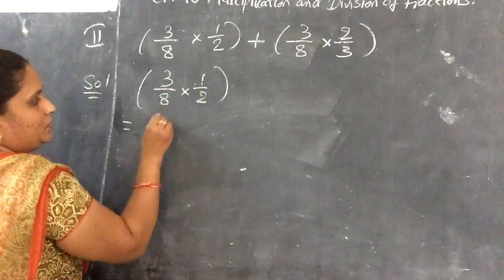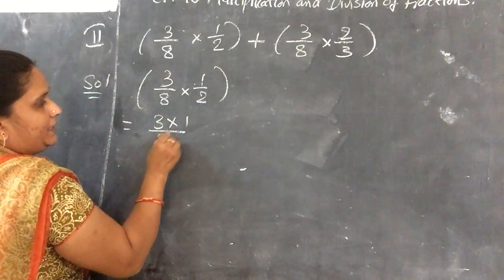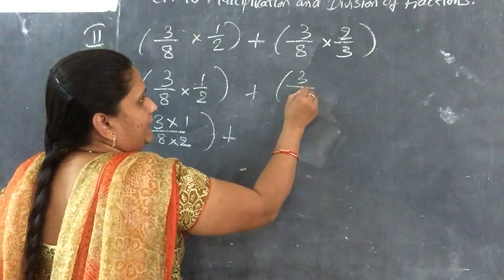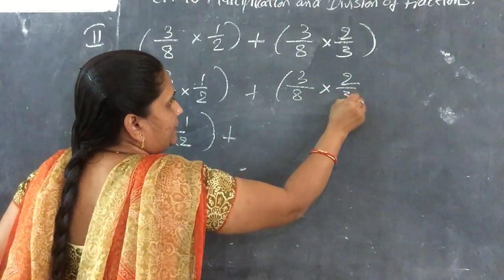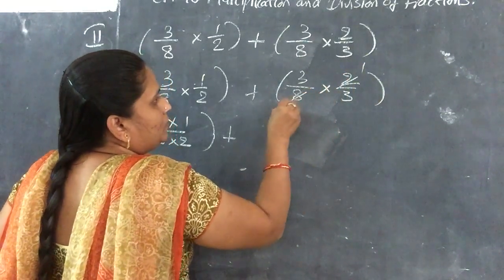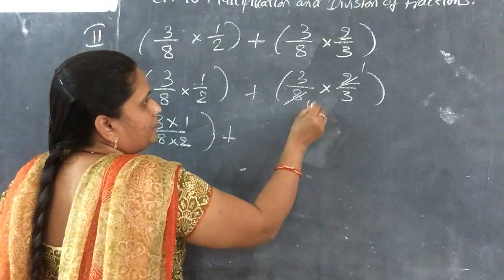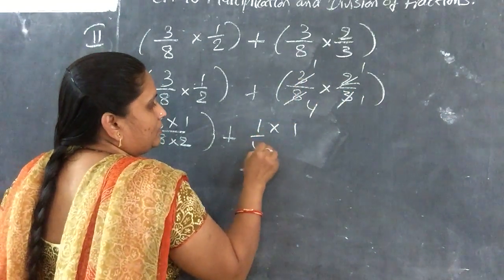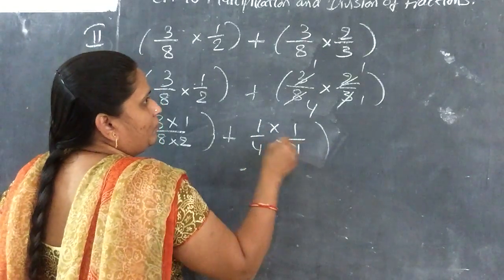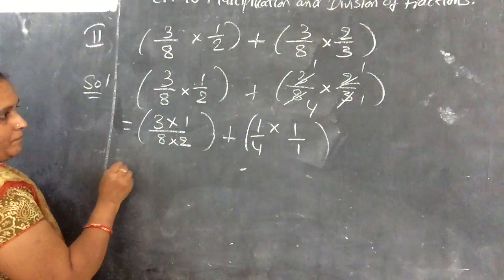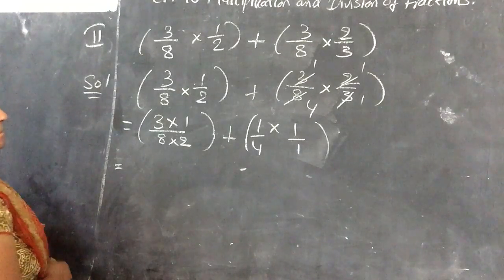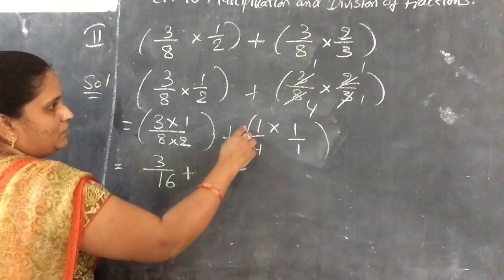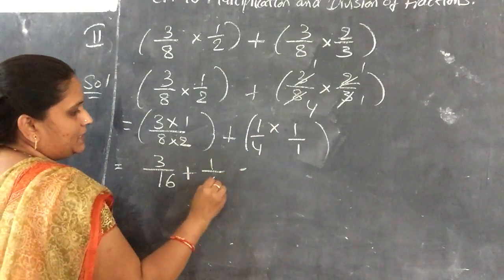So first we have to do 3 into 1 by 8 into 2 plus 3 by 8 into 2 by 3. 2 ones are 2, 2 twos are 4, 1 ones are 1, 3 ones are 3. So 1 into 1, 1 by 4 and 1 by 1. Okay. 3 ones are 3 by 8 twos are 16 plus 1 ones are 1 by 4 ones are 4.